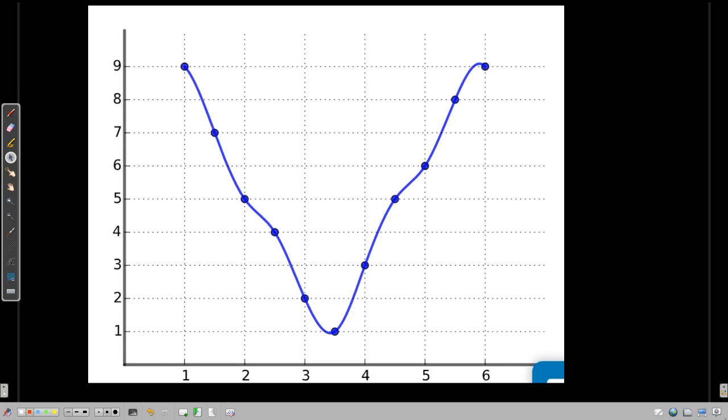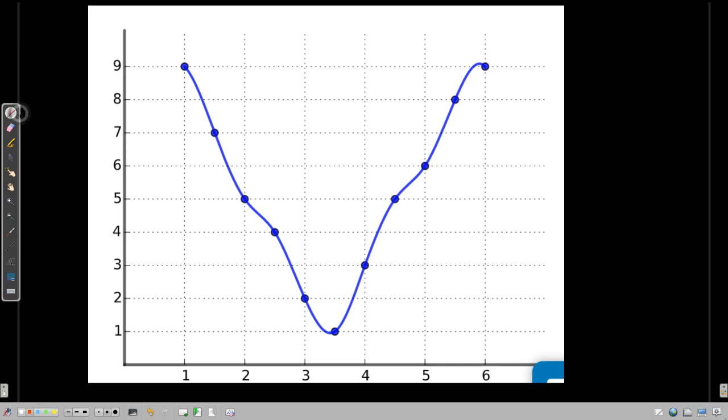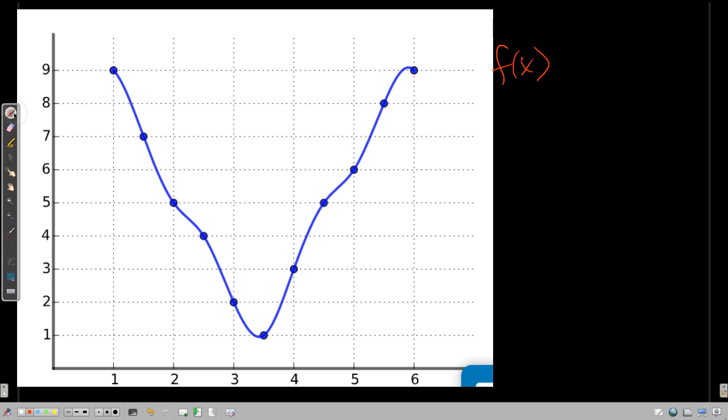So that curve is your function. That curve is f of x. And they want me to approximate the integral from 2 to 6.